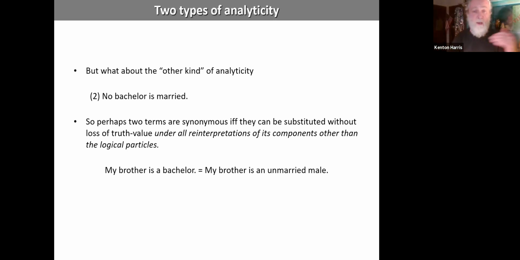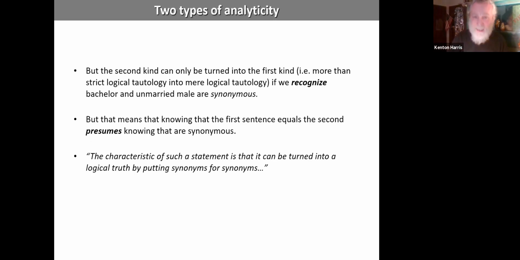So we have analyticity when you have substitution preserving the truth value. But the second kind can only be turned into a mere logical tautology if we recognize bachelor and unmarried are synonymous.